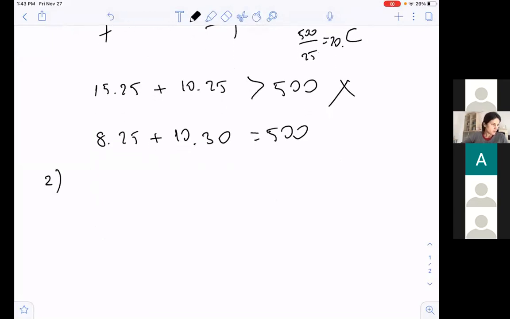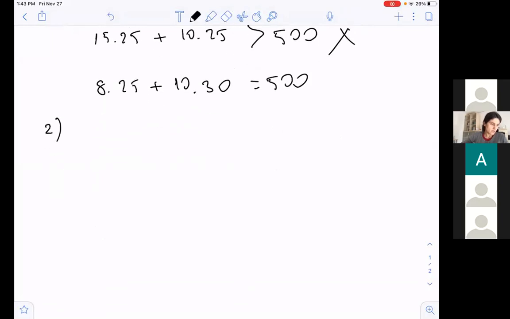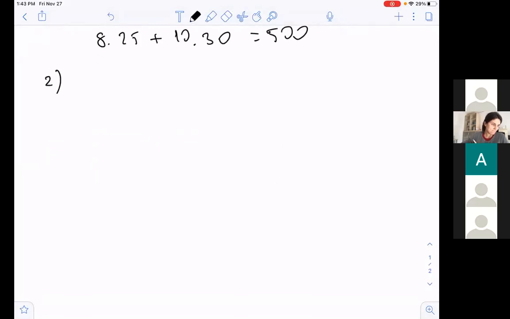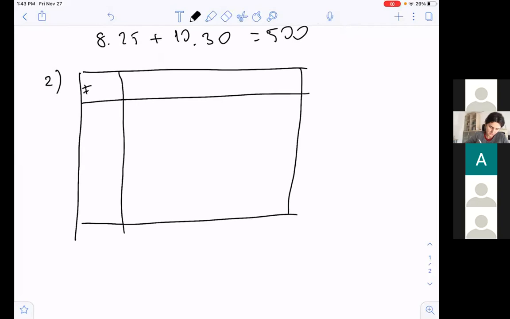Complete the following tables that showcase utility from consuming hamburgers and sodas. Let's draw the table for hamburgers. This is number of hamburgers, and this is total utility.